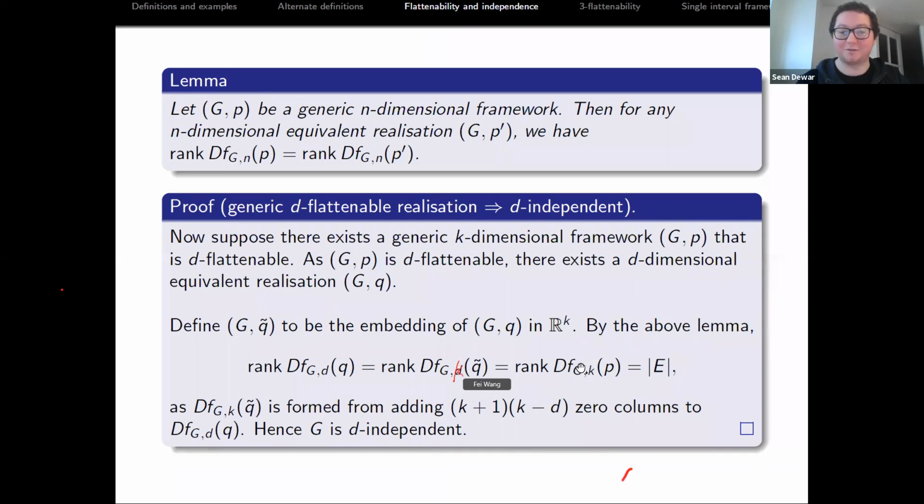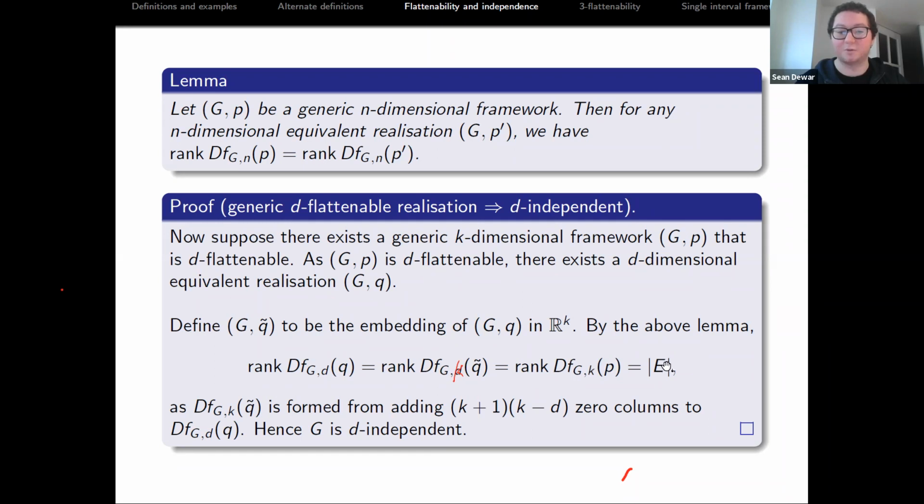And we know that this is equal to E because it's a generic K-dimensional framework. Because it's in K dimensions, it has to be independent; the dimension is so high that it's just automatically independent.